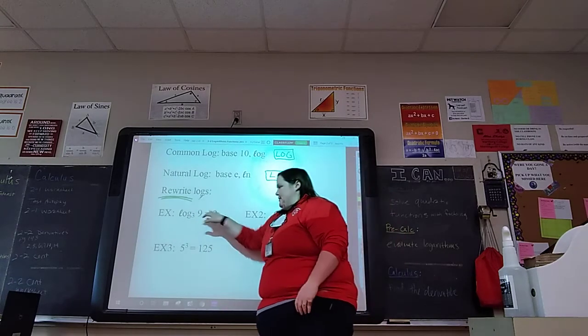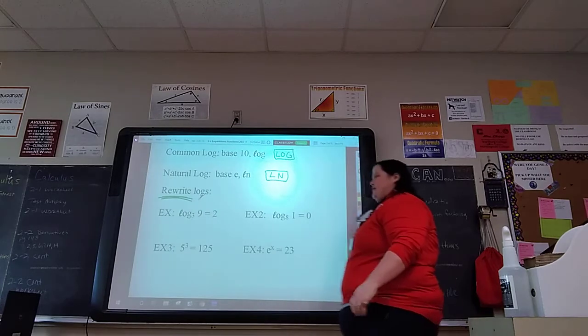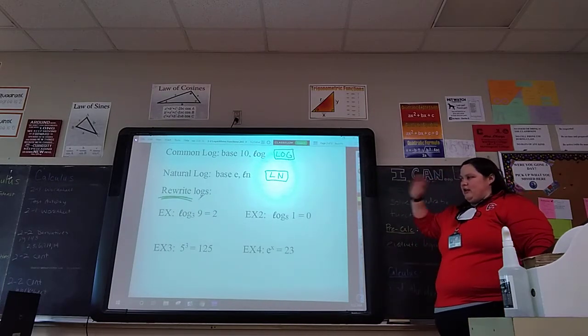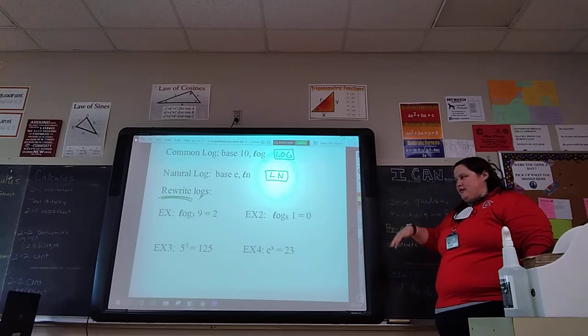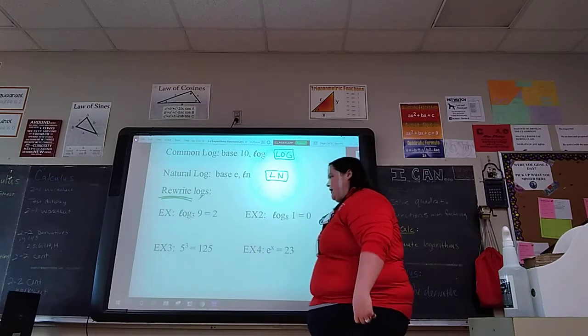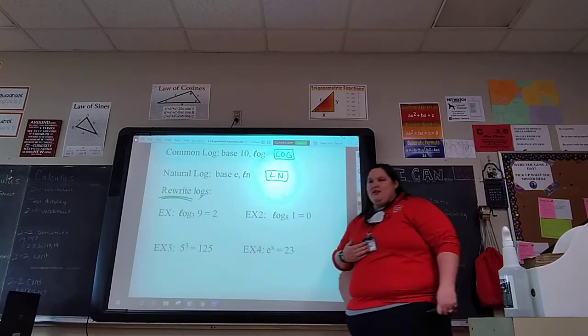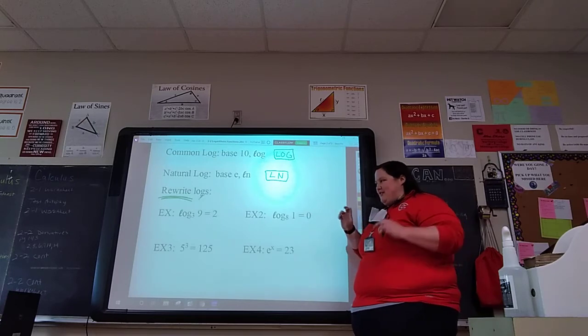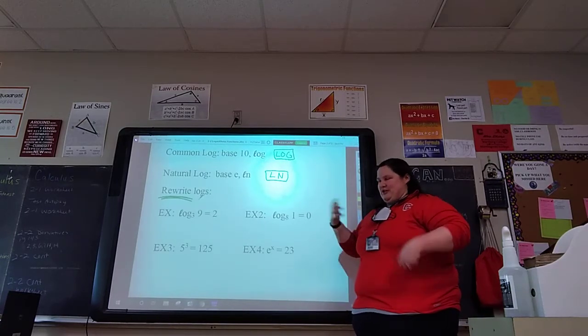Like I said, eventually there's going to be an x somewhere in there that we'll have to solve for, but we're just getting used to taking that from logarithmic form into exponential form, or from exponential form into logarithmic form. I call this the walk-around method. That's not technically mathematical, but you'll see how that works.